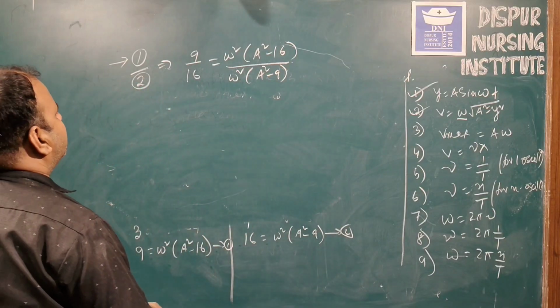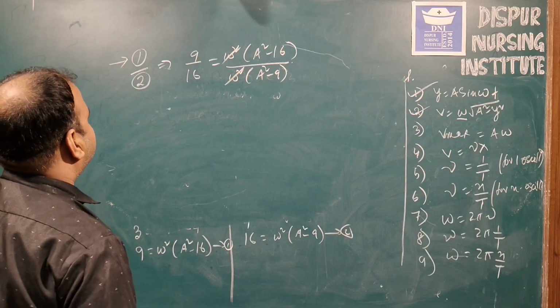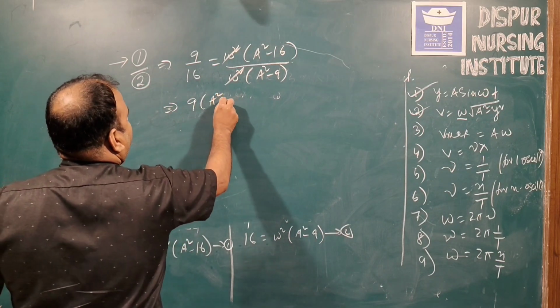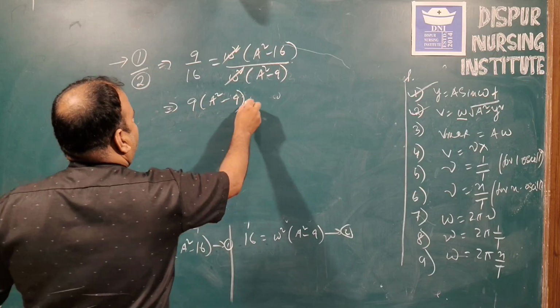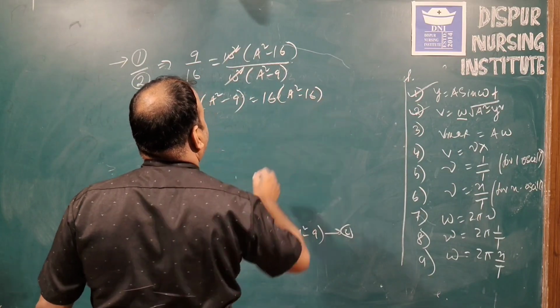In this case you can see omega square cancels, so we can write 9 a square minus 9 and here 16 a square minus 16.